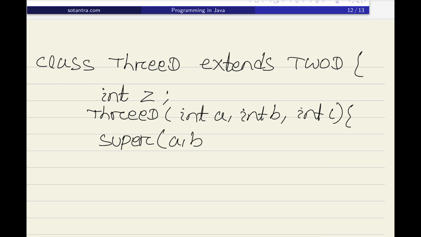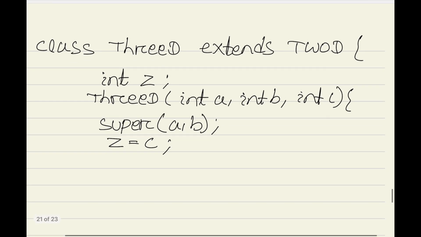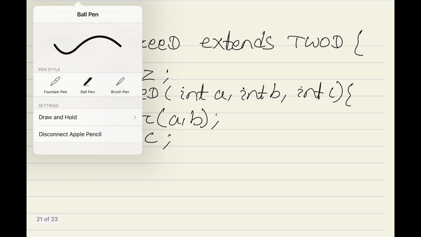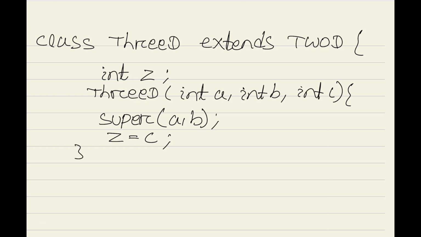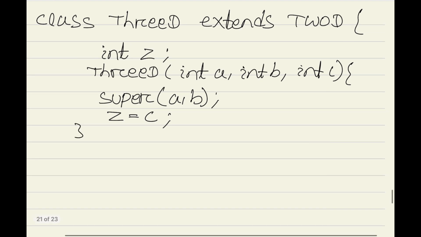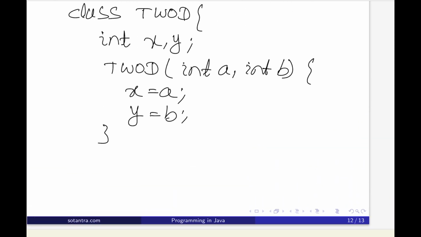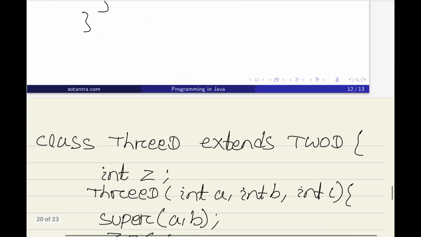Then pass the values a and b, then z equal to c. So the z value here is initialized with c, and a and b are passed to the super class. That means a value becomes x and b value becomes y. Now the end of the constructor and end of the class.